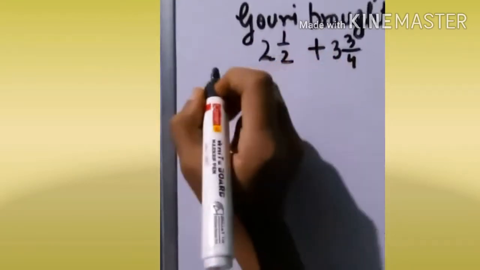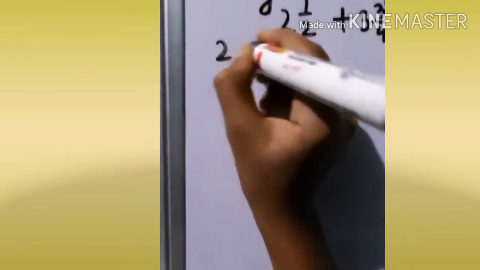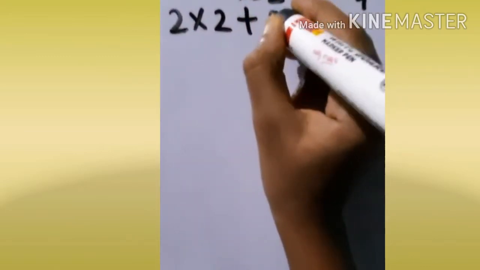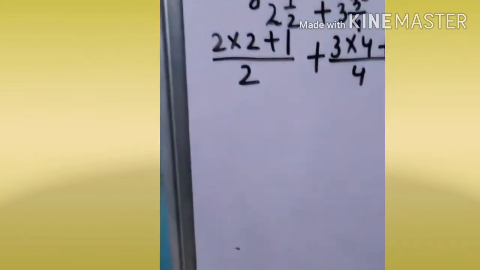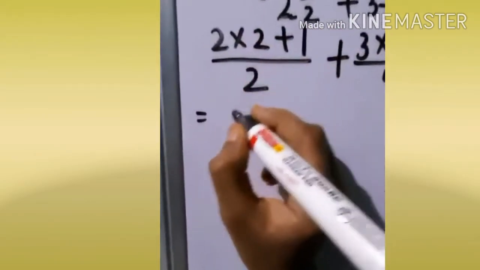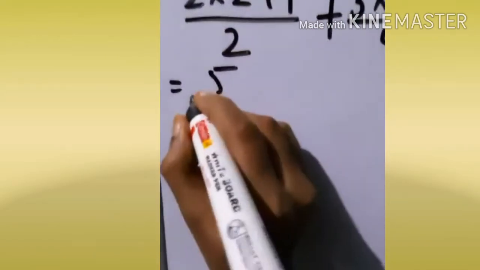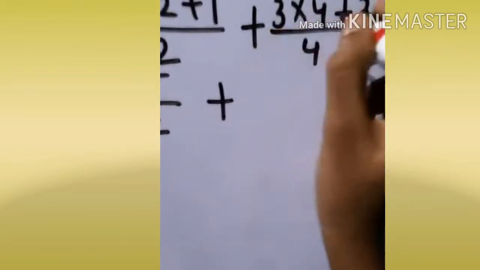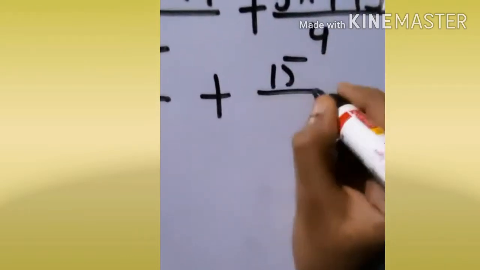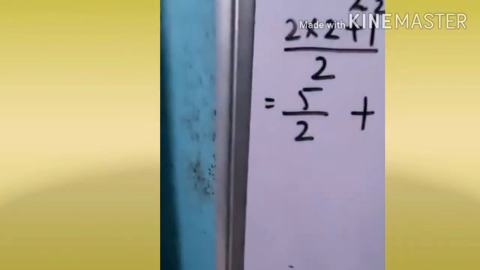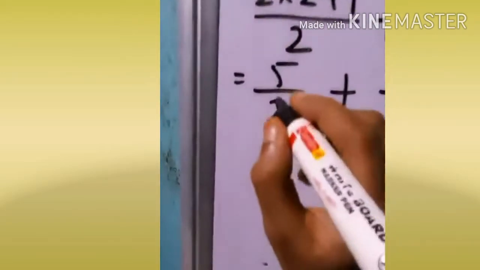So 2 multiplied by 2 plus 1 upon 2, plus same 3 multiplied by 4 plus 3 upon 4, is equal to 2 2s is 4 plus 1 is 5 upon 2, plus 3 fours is 12, plus 3 is 15 upon 4.